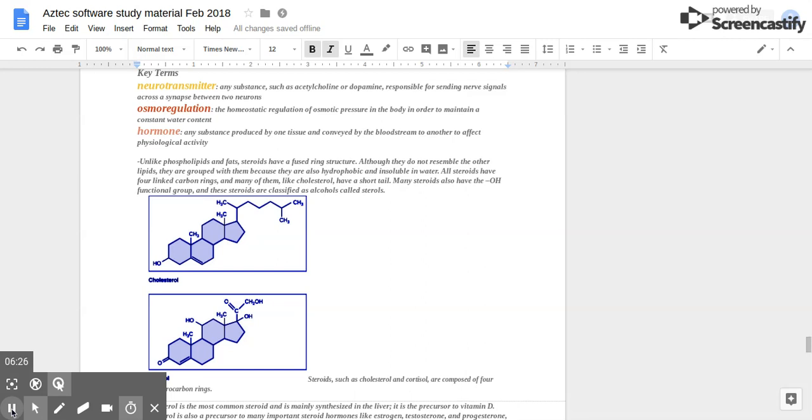That's osmoregulation, controlling concentrations of solutes in water.